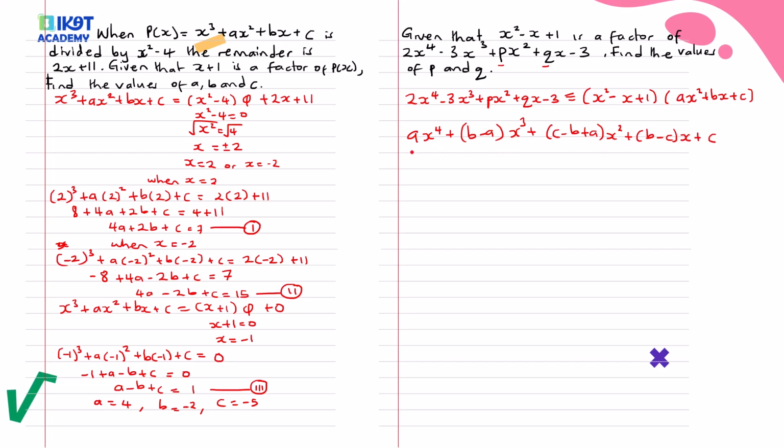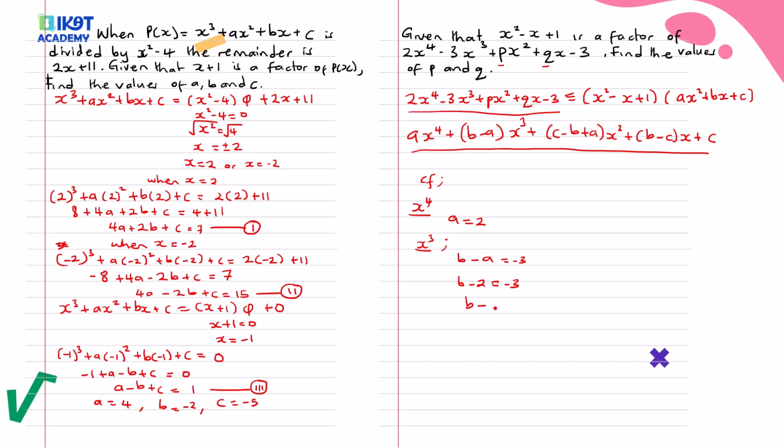Now we can compare the coefficients of this with this. This is one way we can solve this. So comparing coefficients, start with x to the power 4. Here a is 2. Then we go to x cubed. b minus 1 is equal to -3, so we have b minus 2 is equal to -3. b is -1.